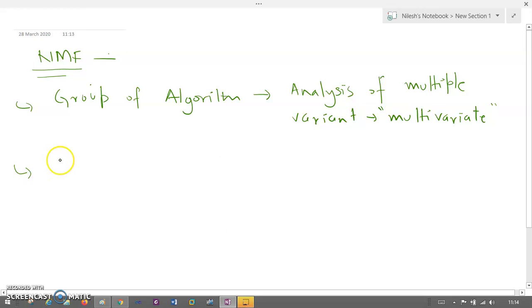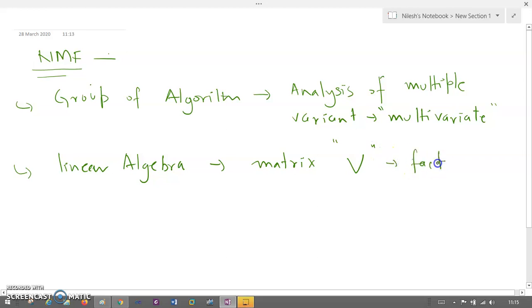it is represented in linear algebra where a matrix V is factorized. This matrix V is being factorized into two matrices.